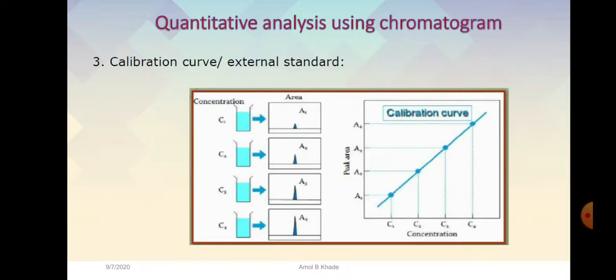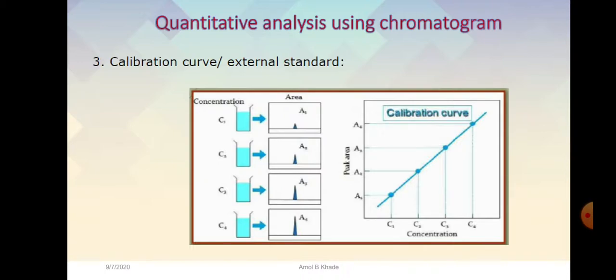The third one is the calibration curve method, also called the external standard method. It is called the external standard method because in this method we are not adding any standard to the sample. We keep our standard separate and our sample separate. Usually for plotting a calibration curve or standard curve, we use at least 5 different dilutions of standard, let's say C1, C2, C3, C4 and C5.